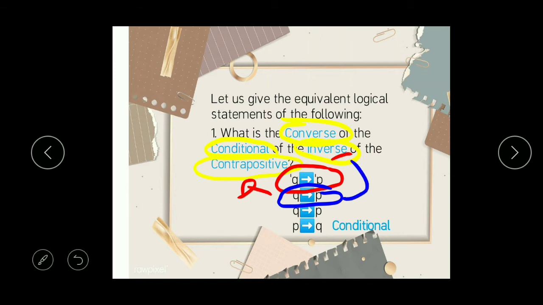Next, since we already have our logical equivalence in the inverse, the inverse becomes the foundation for the next statement that we are going to give an equivalence. Next is the equivalence of the conditional. What is the conditional statement of our second statement?